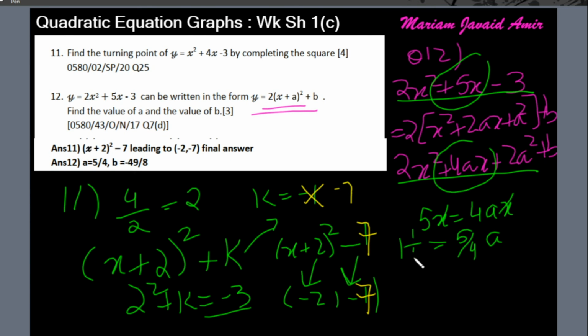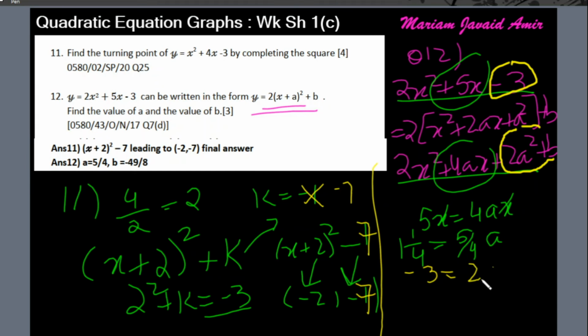Preferably write it like this. And then we have minus 3 equals the constant here, which is 2a squared plus b. So minus 3 equals 2a squared plus b.